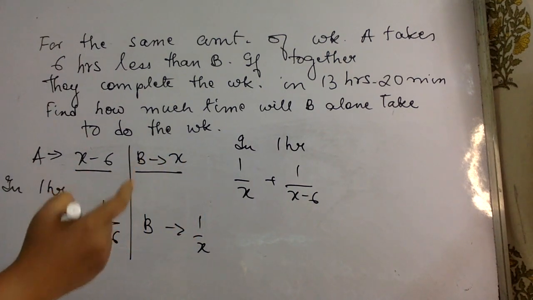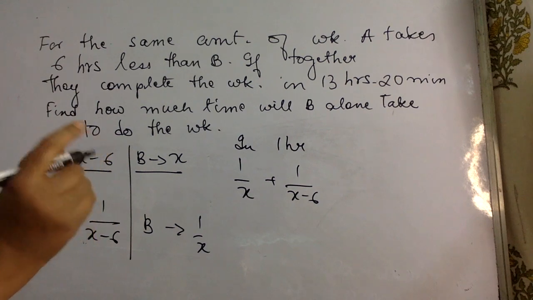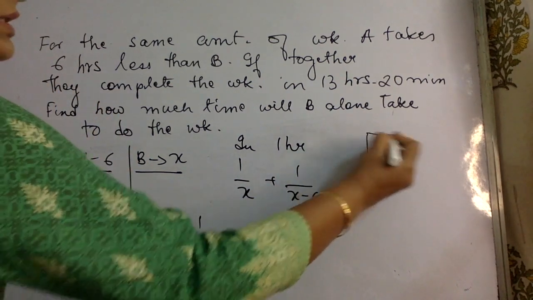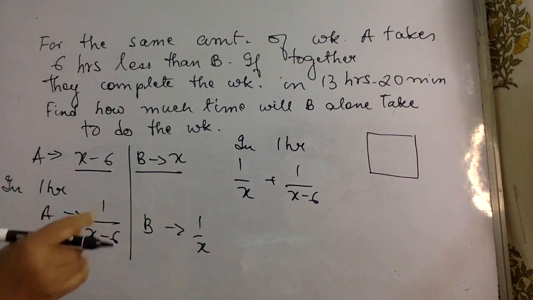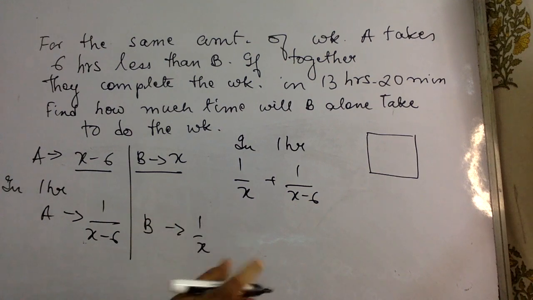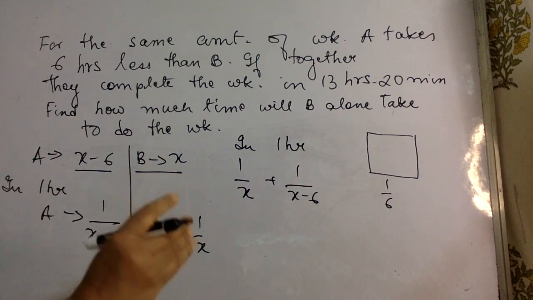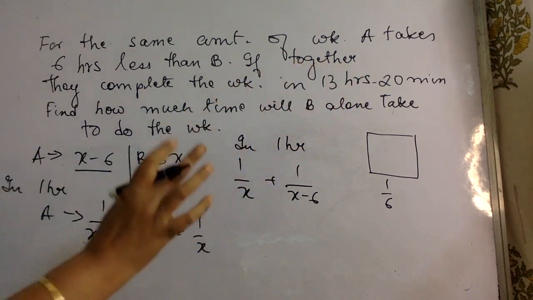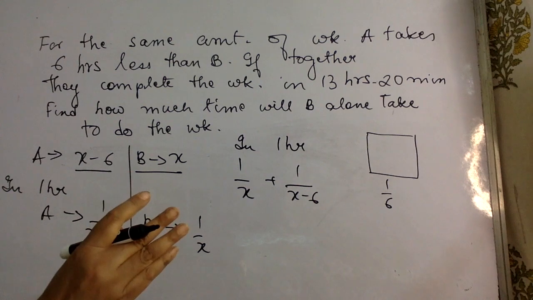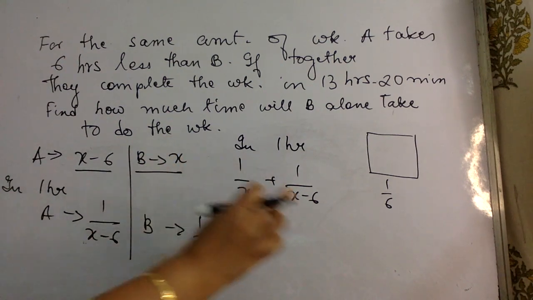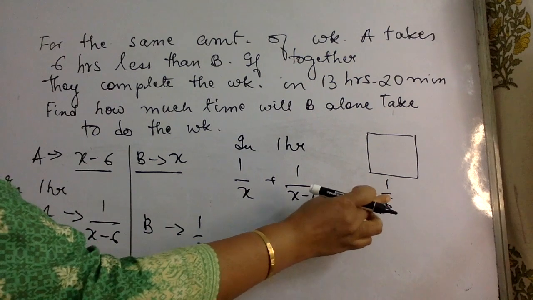And how much time are they taking? If a wall is completely painted in 6 hours, then in 1 hour it will be only 1/6 painted. So if together they take 13 hours 20 minutes, in 1 hour they will do 1 by 13 hours 20 minutes, that is, the time goes down here in the reciprocal.